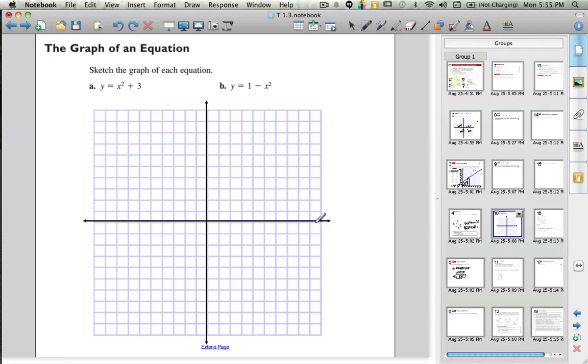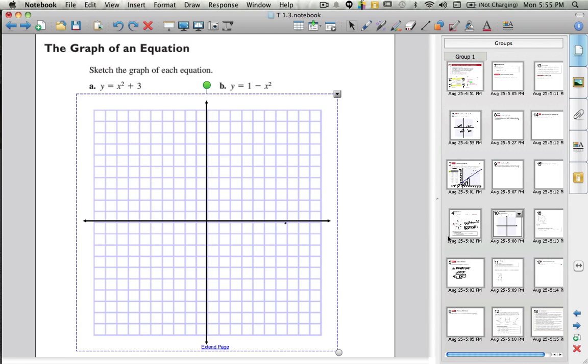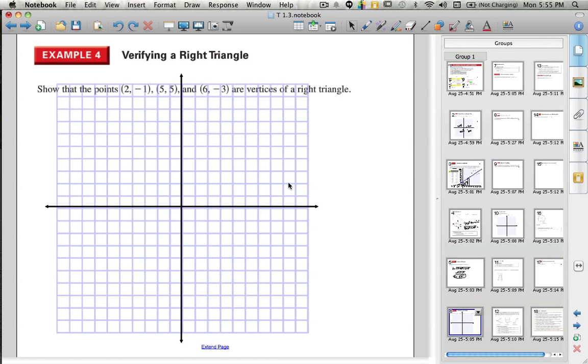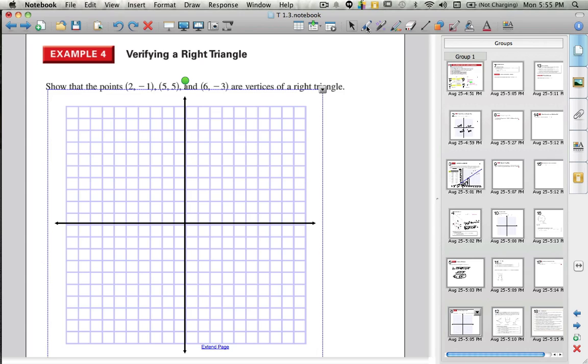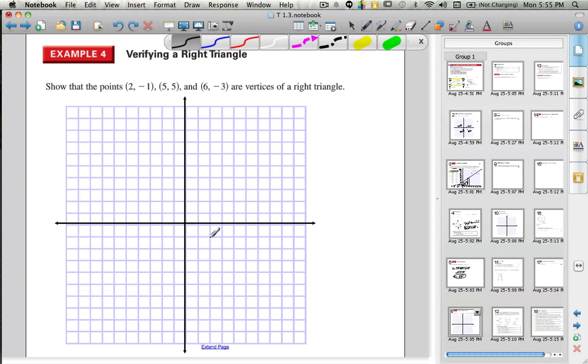I'm going to grab a graph and drop it in here really quick. I just want to sketch these points. So I'm at 2, negative 1, that's one point. And 5, 5, counting 1, 2, 3, 4, 5 each way. And 6, negative 3, here's 6, 1, 2, 3.